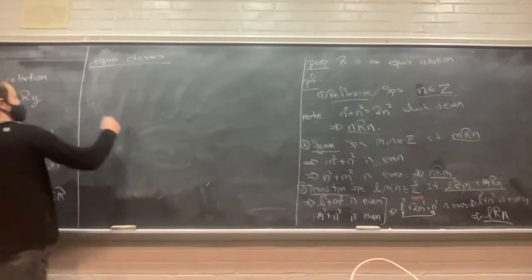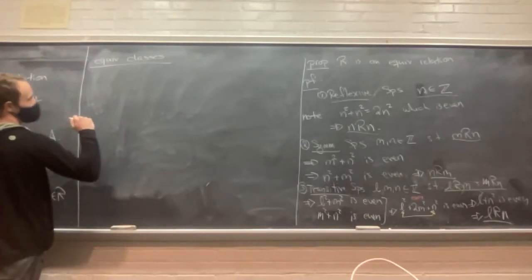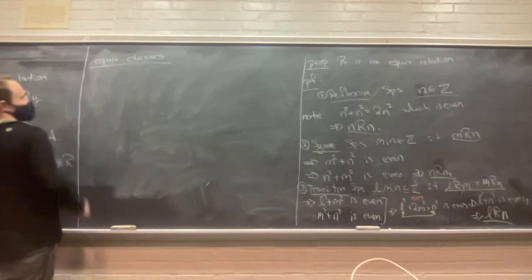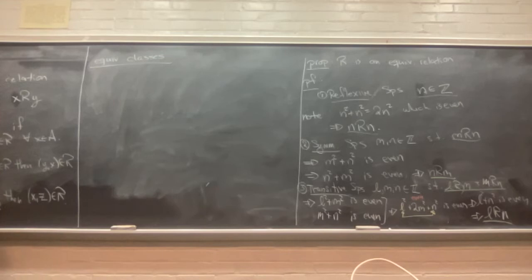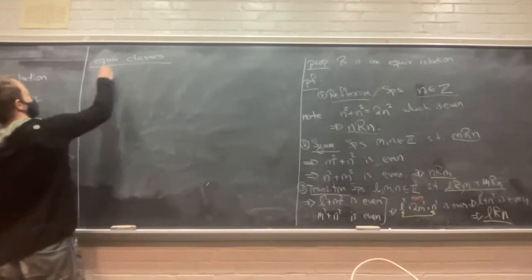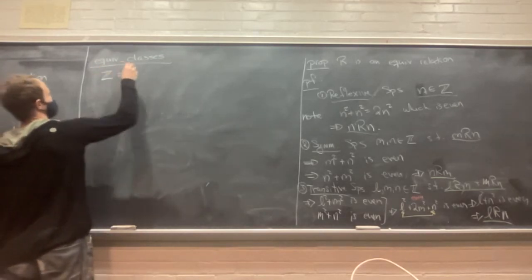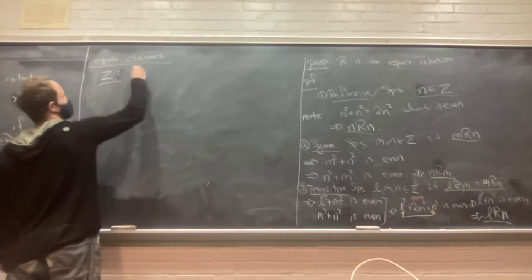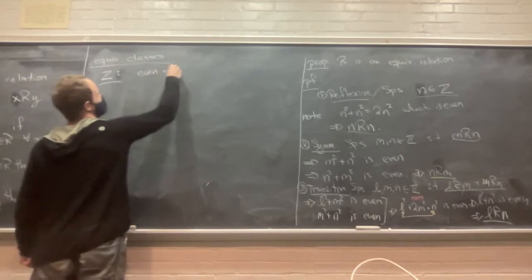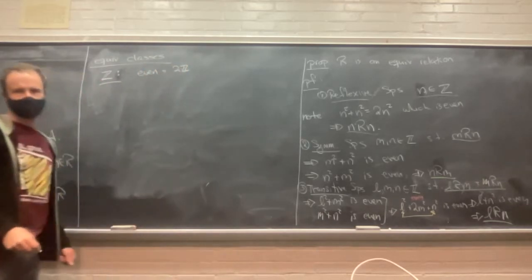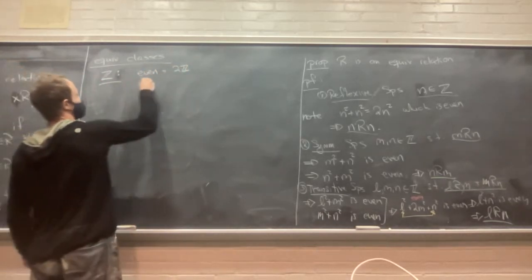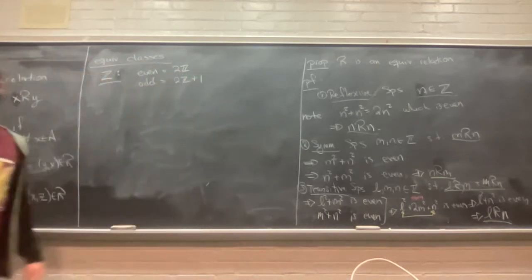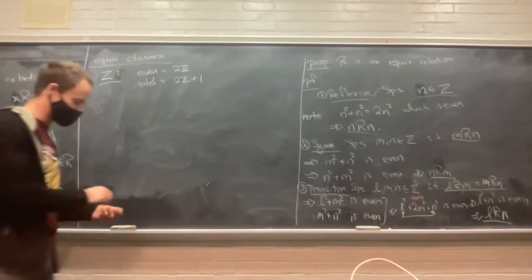So we can actually write the equivalence classes maybe like this. We'll take Z, so we've got even numbers. We'll write that as 2Z, and then odd numbers, we'll write that as 2Z plus 1. So those are the only two equivalence classes.